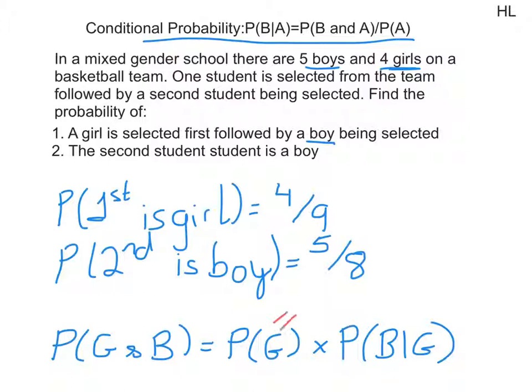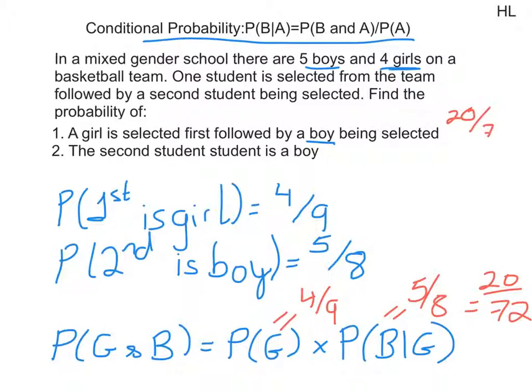And we have the probability of a girl is 4/9, and the probability of a boy given a girl is 5/8. Multiplying those together, we get 20/72. So the first answer is 20/72.